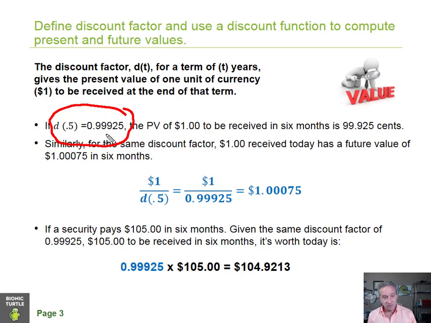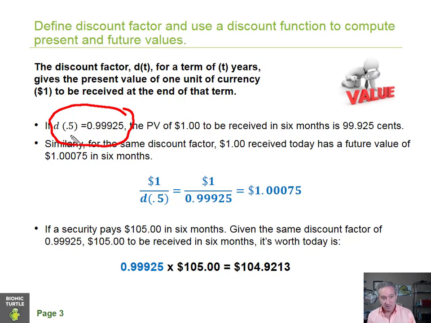This is telling us the present value of $1 to be received in half a year, that's 0.5, is worth 99.925 cents. So not much less, but it is less than $1. That's the typical notation in here.